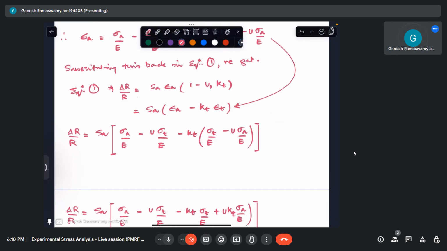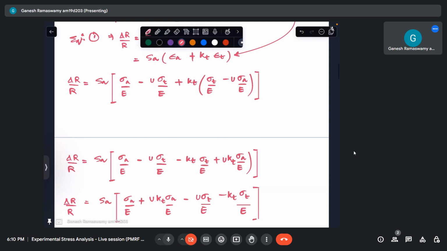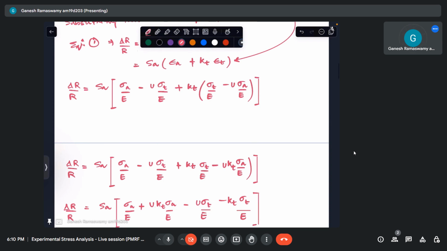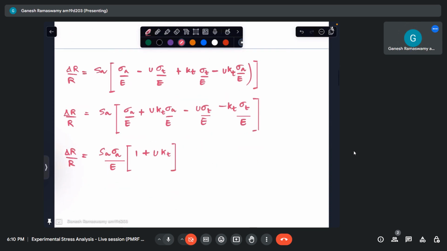Sorry, here it will be plus, since we have not yet substituted for the Poisson's ratio, this will be plus. So this will also be plus. It follows that this quantity will be negative. So this is positive.